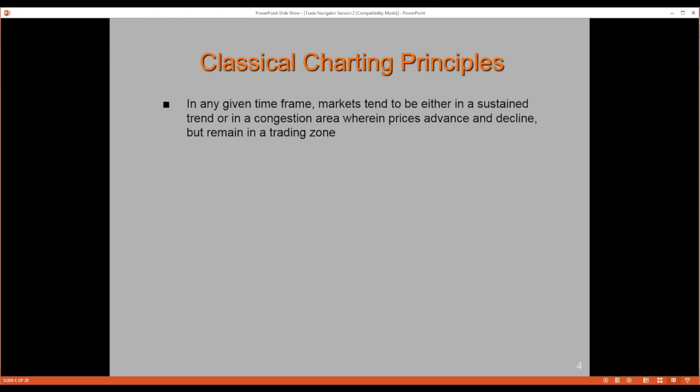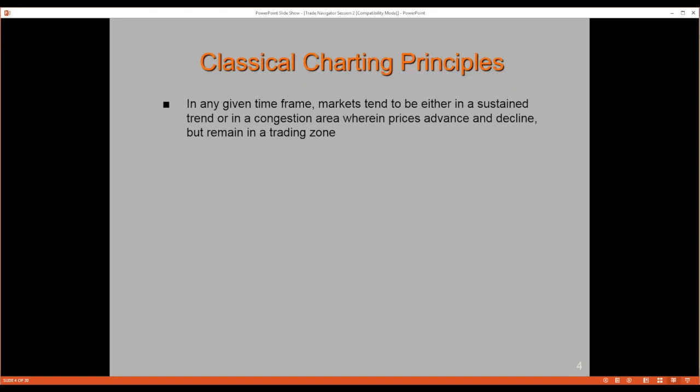And in any given time frame, markets tend to either be in a sustained trend or in a congestion area where prices advance, they decline, they go up, they go down, they go up, they go down, but then you see after the fact they really haven't gone anywhere. They've remained in a trading area or a trading zone.